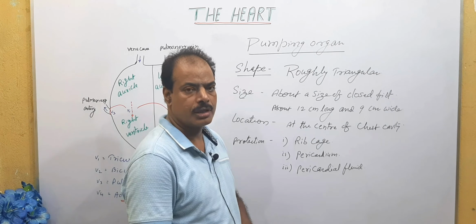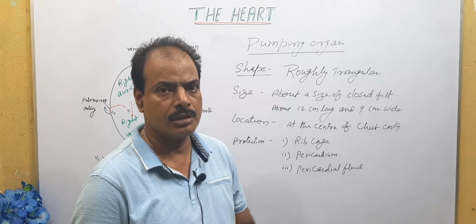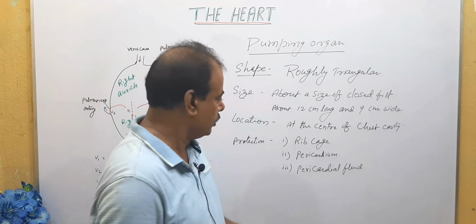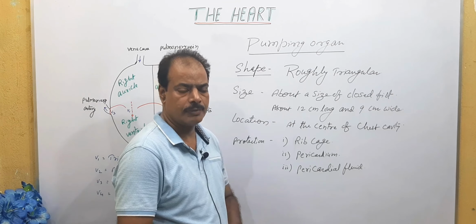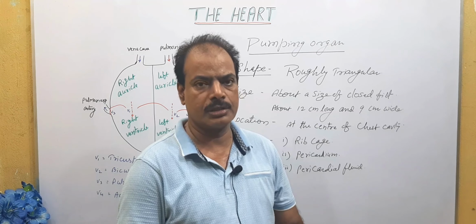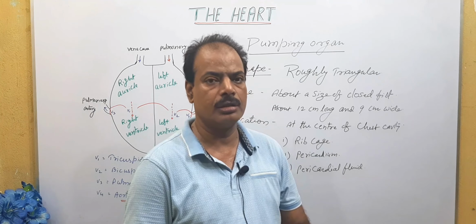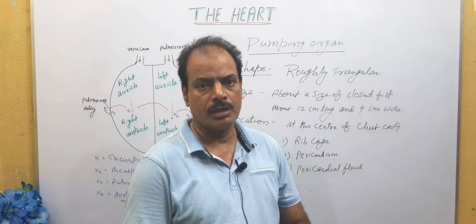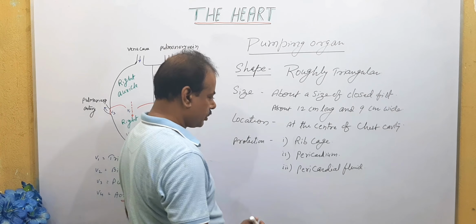Between the two layers there is a gap or space, and this space is filled with pericardial fluid. So pericardial fluid serves in two ways. Number one, it reduces friction during the working of the heart, and number two, it protects our heart from mechanical shock.